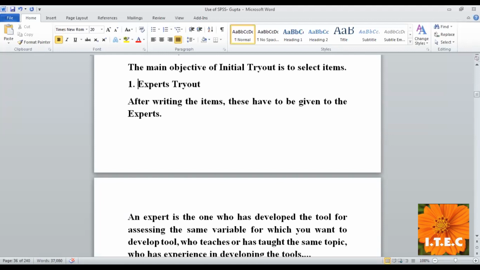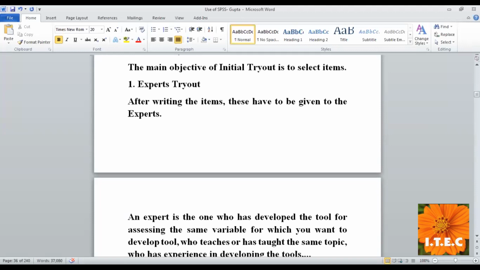And these things you can send to the experts online, because some of the experts, their email address you might be having. So you can send your items along with the operational definition of the variable.